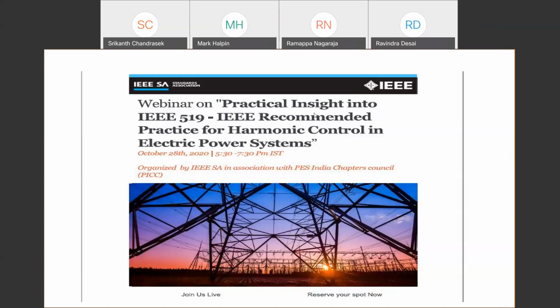So the topics today that we will be covering, as mentioned in the registration site, talk about the purpose, intention, and rationale for the approaches recommended in the document, and the relevant harmonics limits, and also the voltage and current limits, and how the different limits are managed, and also possible changes in future editions of the document.